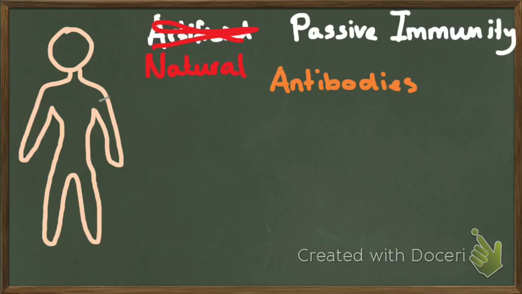A natural way how we get passive immunity, you might think, how in God's name do we get antibodies naturally, is thanks to mom. In breastfeeding, breast milk contains antibodies. It passes through the milk. Often you hear people saying, oh, you should breastfeed rather than giving the child formula because it has all these healthy things.